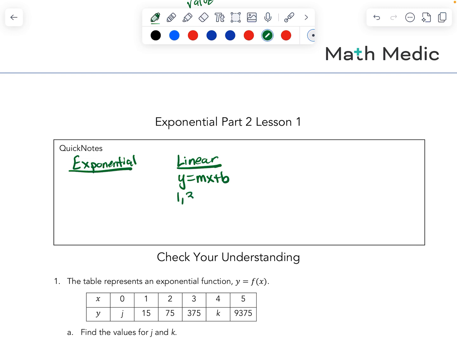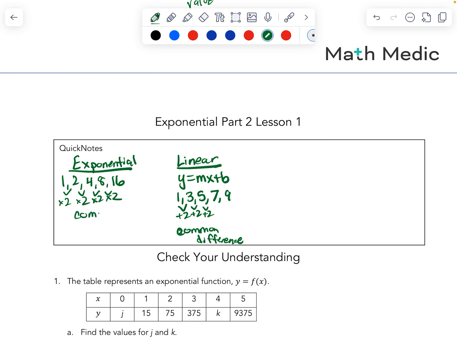If I had 1, 3, 5, 7, 9, what are we doing each time? That has a common difference, so it's linear. Exponential has a common ratio. Exponential, we're multiplying. Linear, we add or subtract the same amount.